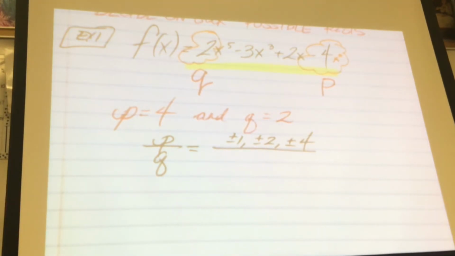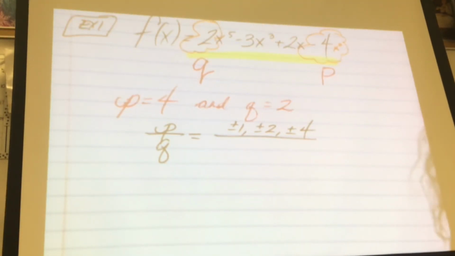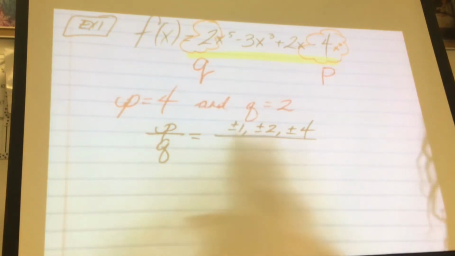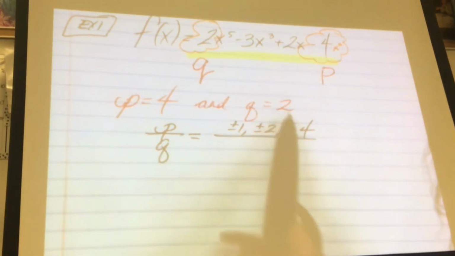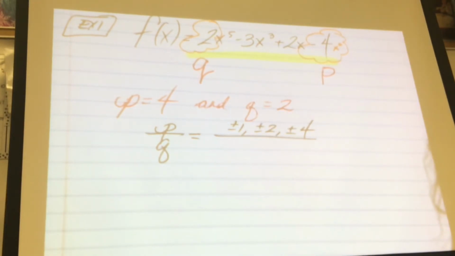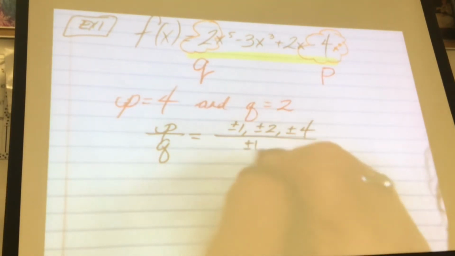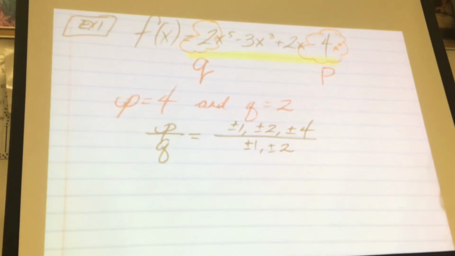The reason why I have to put plus or minus is because 4 divides 4 and negative 4 divides 4. 2 and negative 2 both divide 4. That's why you need both positive and negative. And what are all the numbers that divide Q? What are all the numbers that divide 2? Plus or minus 1 and plus or minus 2.